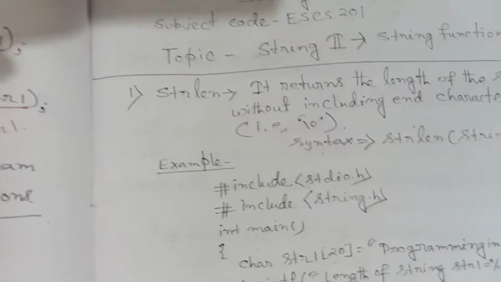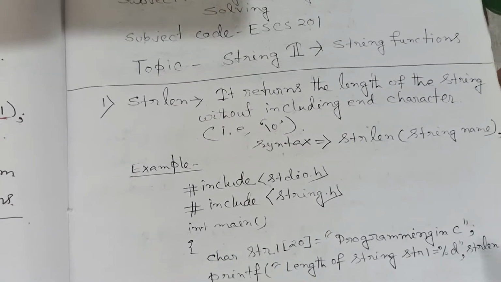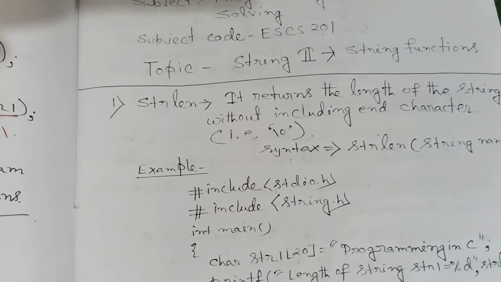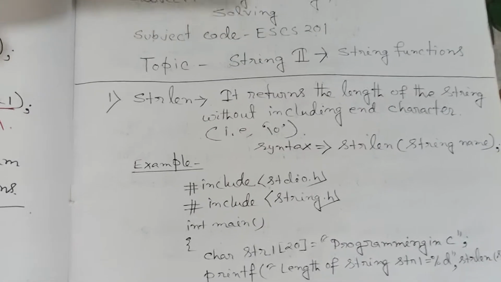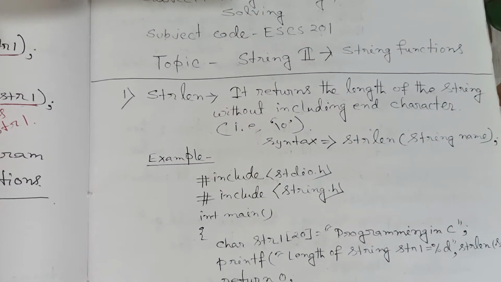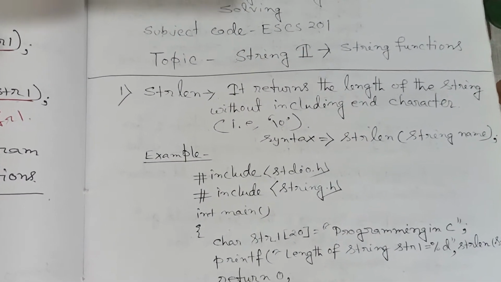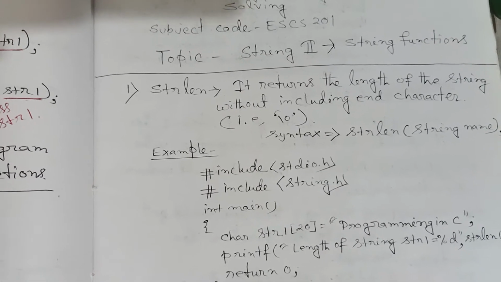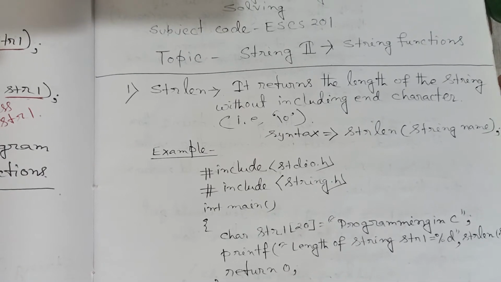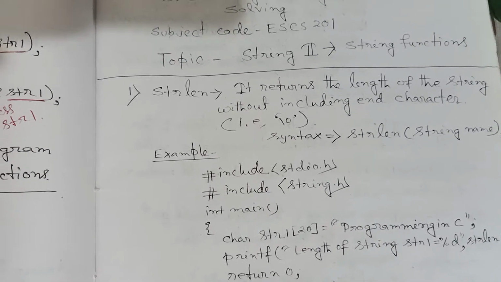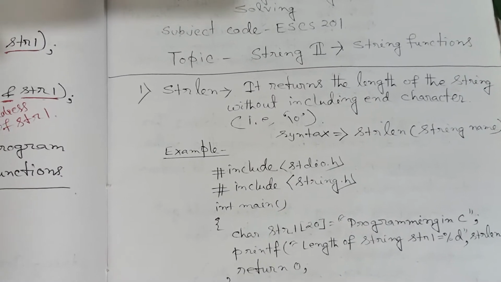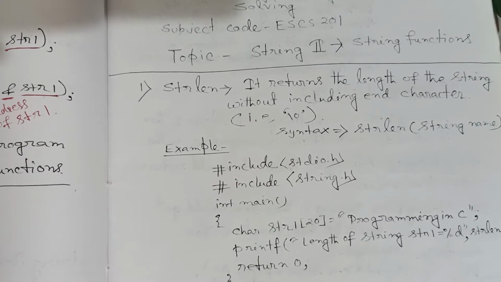strlen, what is strlen? It returns the length of the string without including the end character, that means the null character. As we all know, the null character is automatically included in any string. So the strlen function only counts how many characters there are.